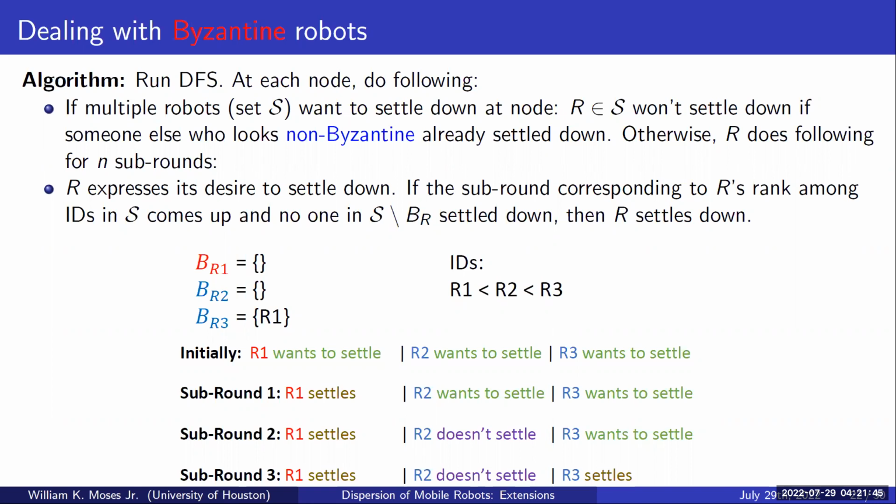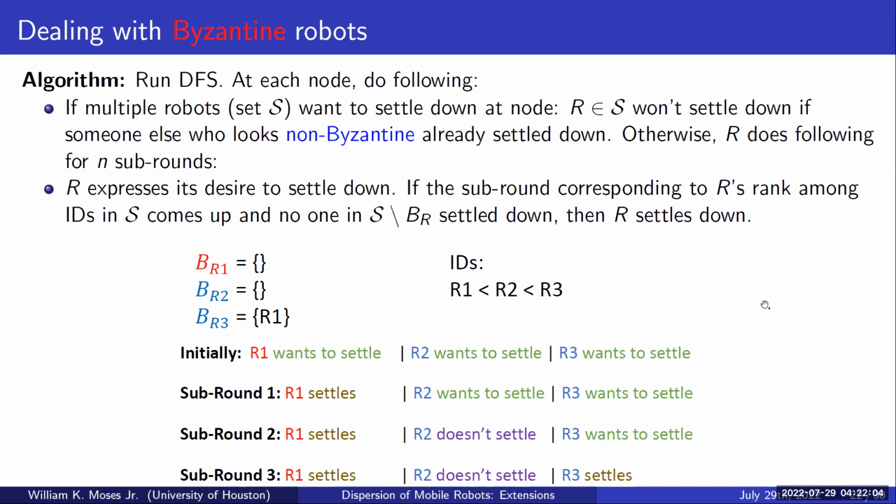And in sub-round I, these robots take up an ordering according to the IDs. So let's say R1 has the smallest ID, so it's rank 1, R2 second largest, so rank 2, R3 is the largest, so it's rank 3.